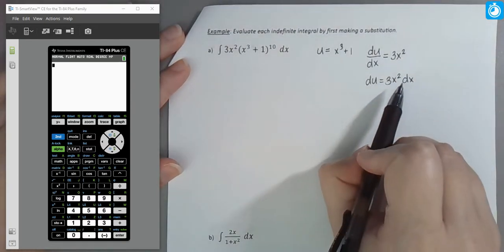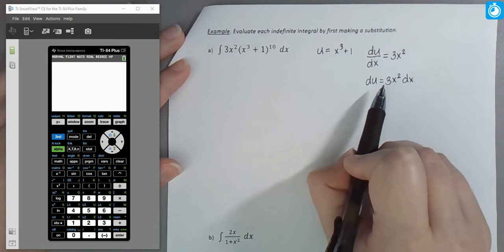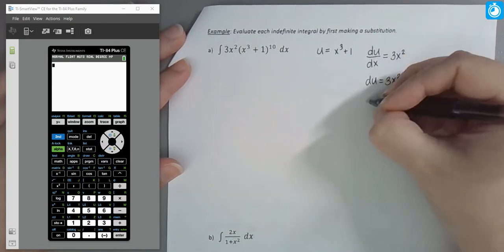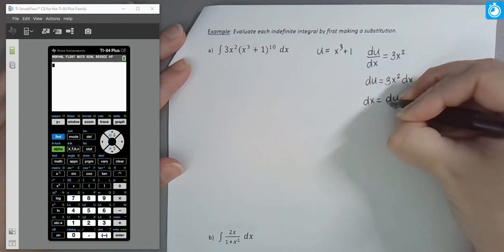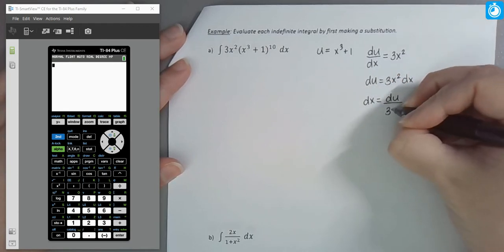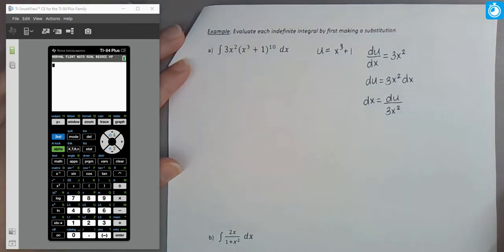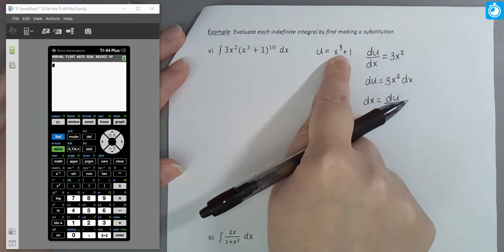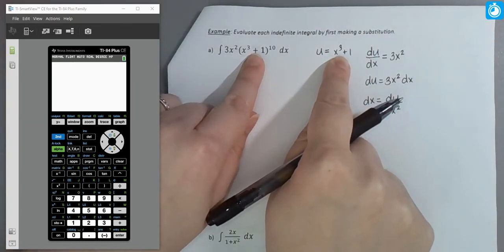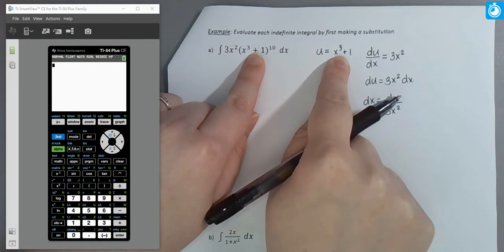And then if I want to solve for dx, I can just divide both sides by 3x squared. So we'll have dx is equal to du divided by 3x squared. So we now have something that we can substitute in place of x cubed plus 1, which is the ultimate goal, to be able to substitute for that inner function.